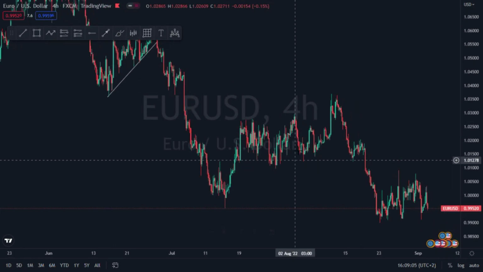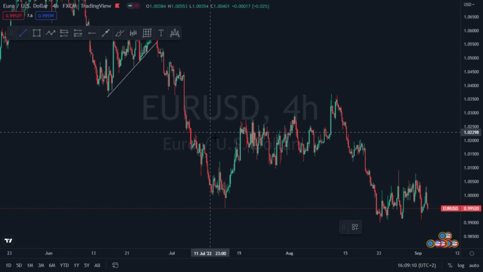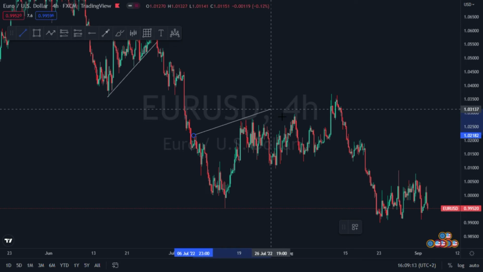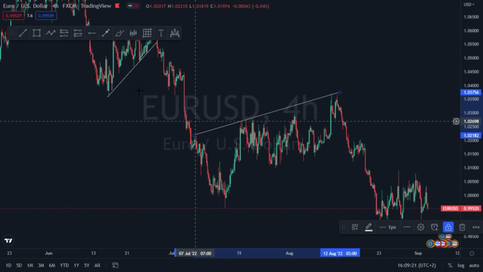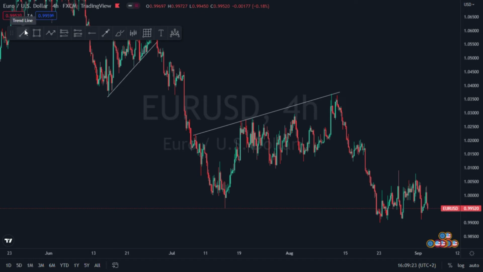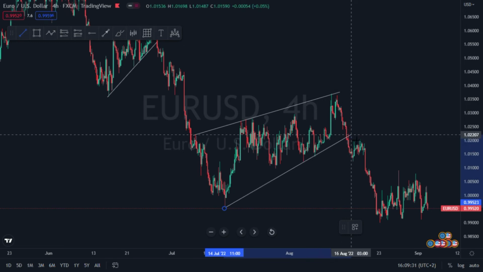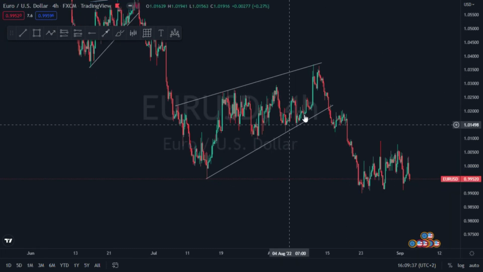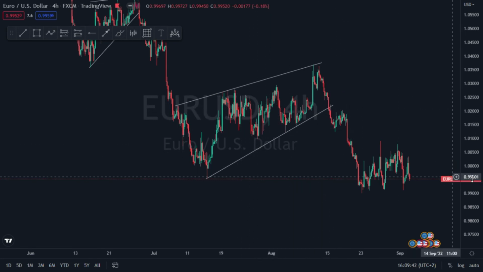We continued to form that continuation pattern, with that first touch, second touch, third touch right there. A third touch will always be our highest probability to enter. We also had that first touch from the lowest level of the market, second touch, third touch, of which that third touch has been broken. So the market is indicating that it is not done moving to the downside, because this is a continuation pattern to the downside.